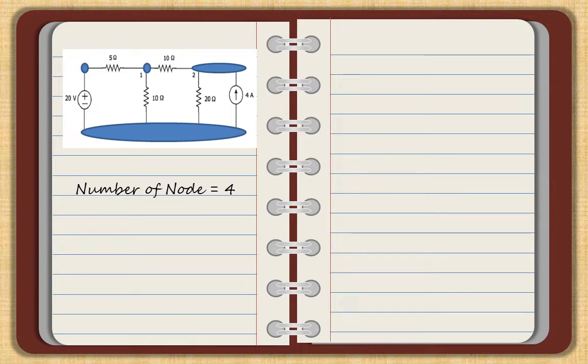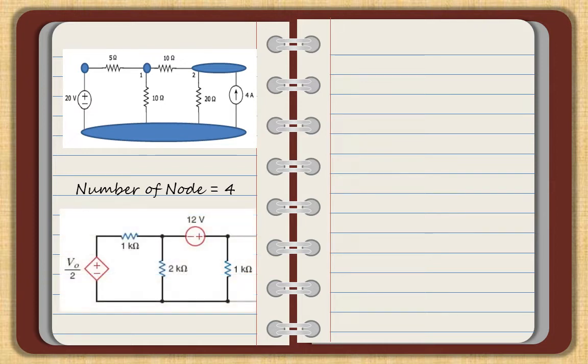Let's have another circuit, wherein there is an independent voltage source and a dependent voltage source. One node in this circuit is the common point between a 1 kilo ohm resistor and the dependent source.